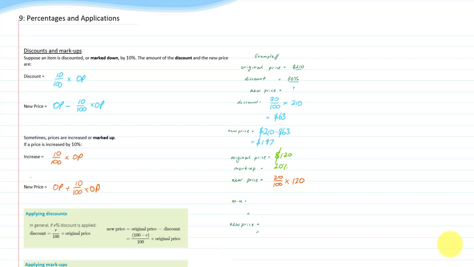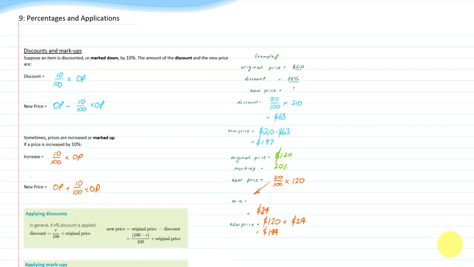So the markup is 20% of 120, so 20 over 100 times 120, and that is equal to $24. And then the new price is the original price, 120, plus the $24. And that is equal to $144. So that's how we calculate a markup.